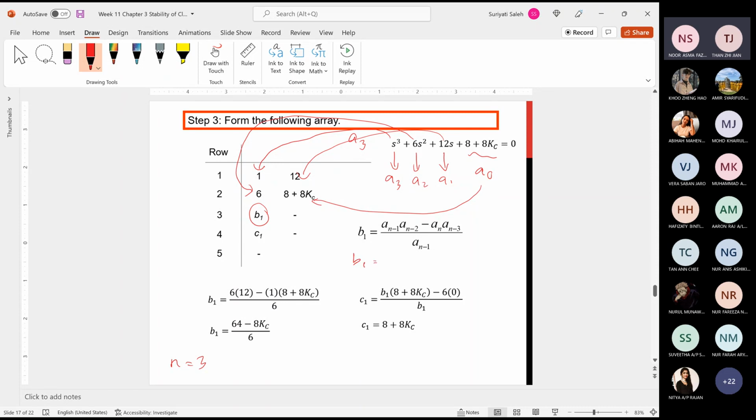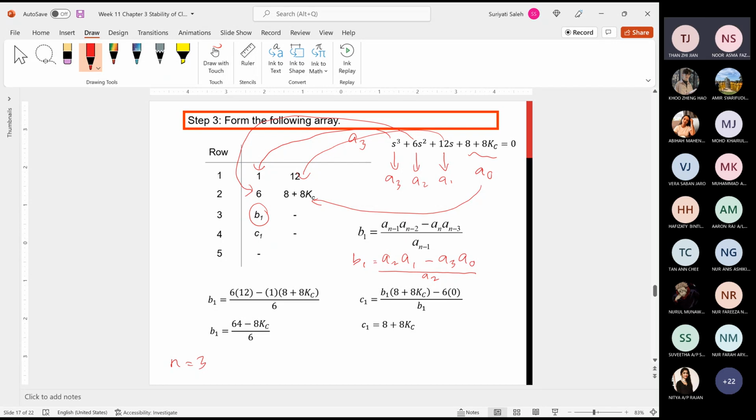So an minus 1, A3 minus 1, you get A2. A2 multiplied with the an minus 2. 3 minus 2 is 1. A2 multiplied by A1 minus A3, A0, divided by A2.